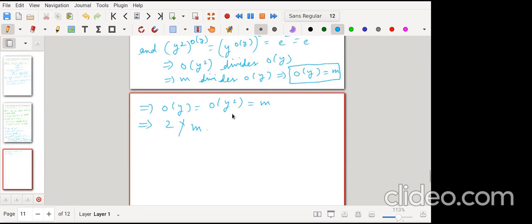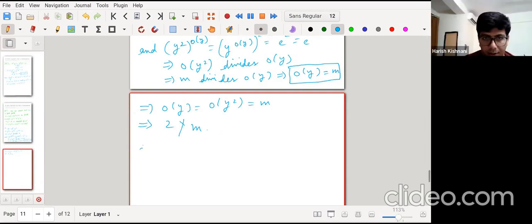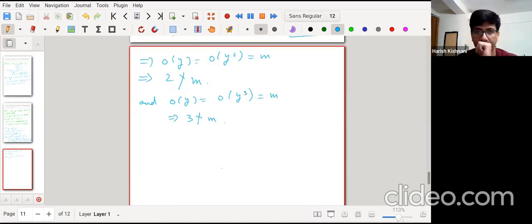And you also have order of y cube to be the same. This implies that 3 does not divide m.